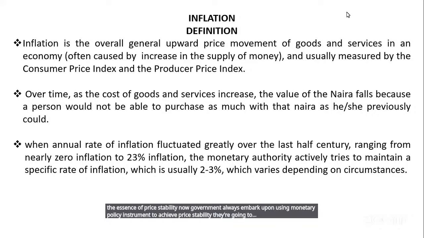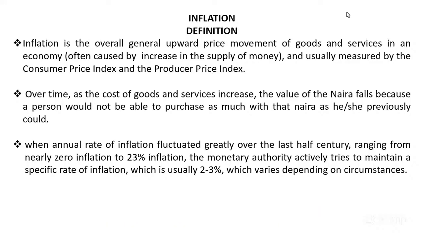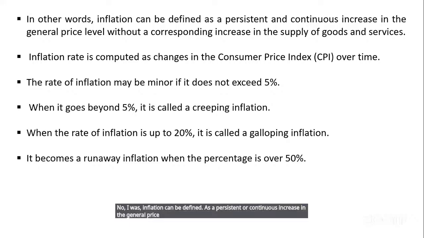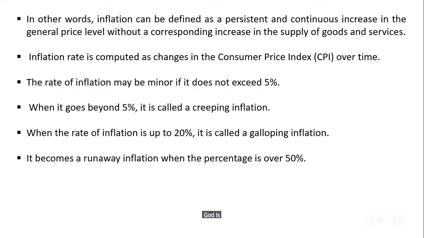In other words, inflation can be defined as a persistent and continuous increase in the general price level without a corresponding increase in the supply of goods and services. That is when you normally experience inflation.